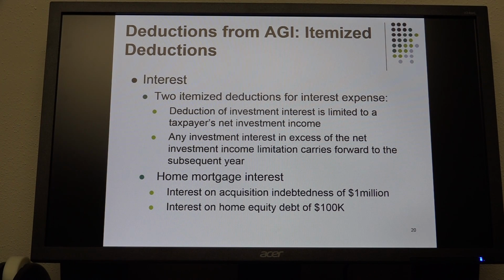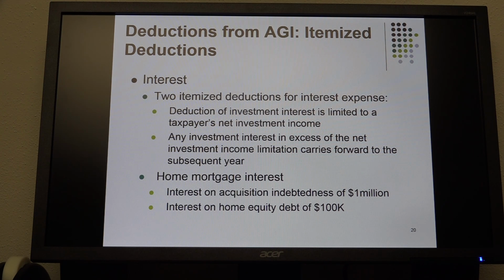The big one, and really in most instances, the one that determines whether or not a taxpayer itemizes or uses the standard deduction, is the second of the following. Home mortgage interest.